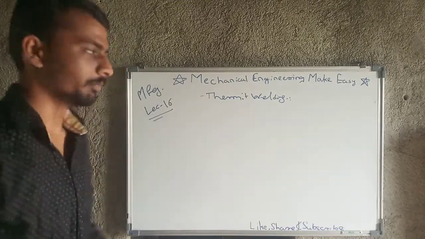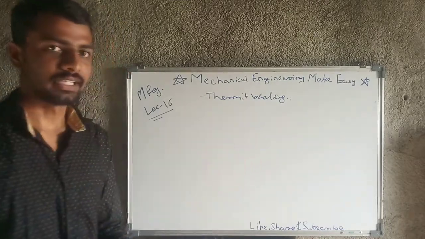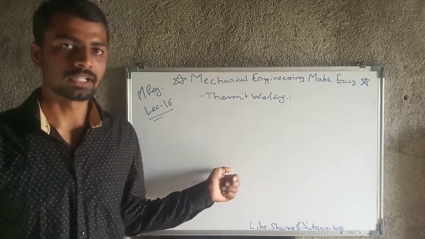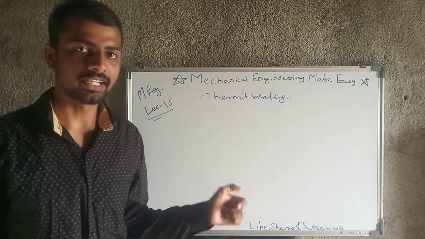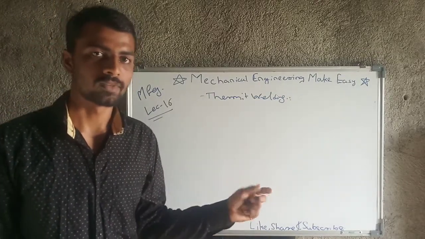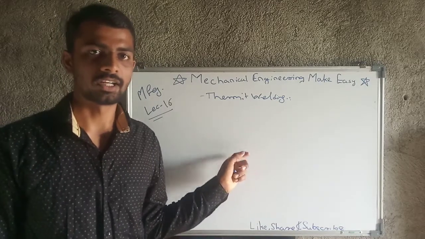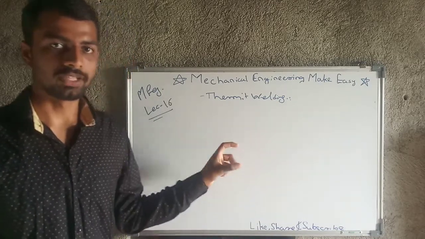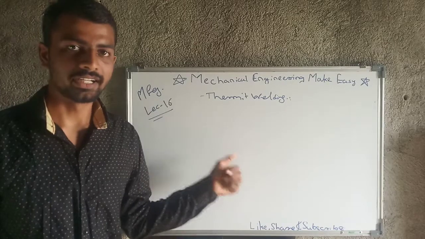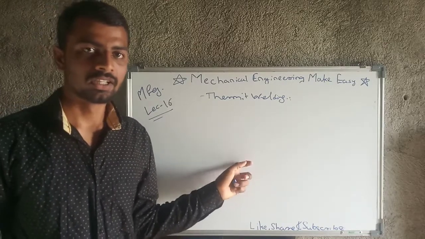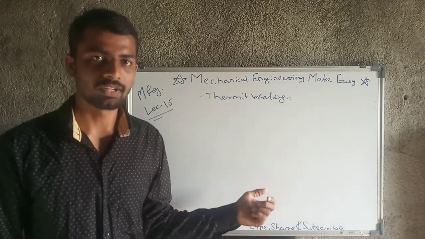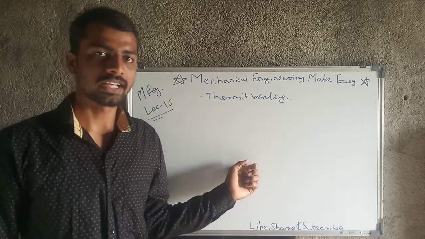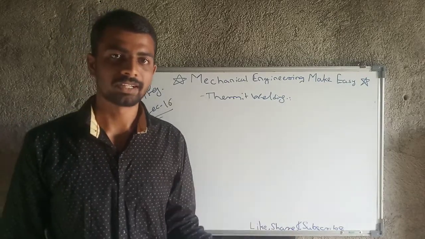Up till now, we were generating heat from electric supply, such as a spark gap, or from the resistance offered. But here a chemical reaction happens, and that chemical reaction is exothermic.